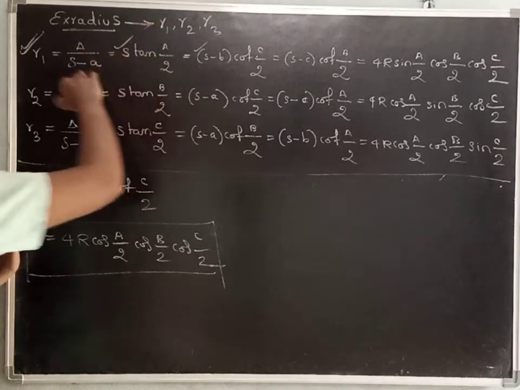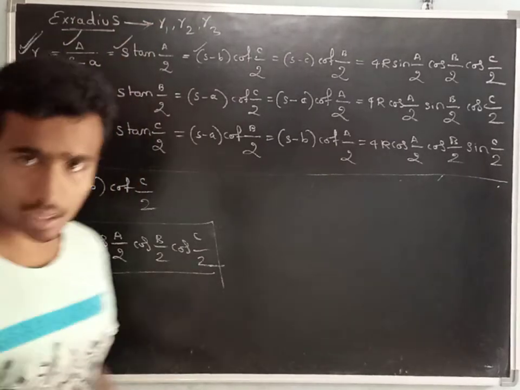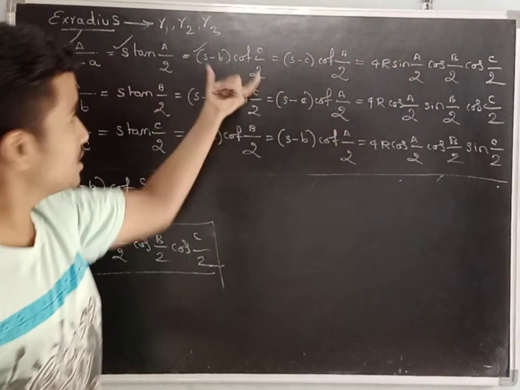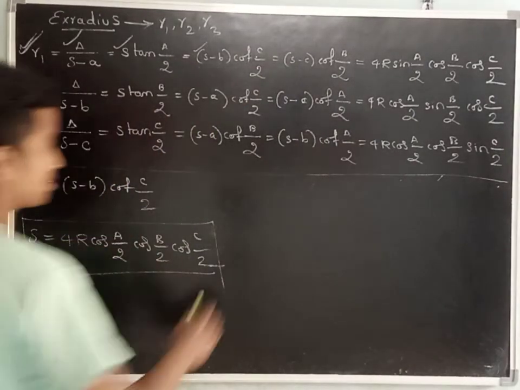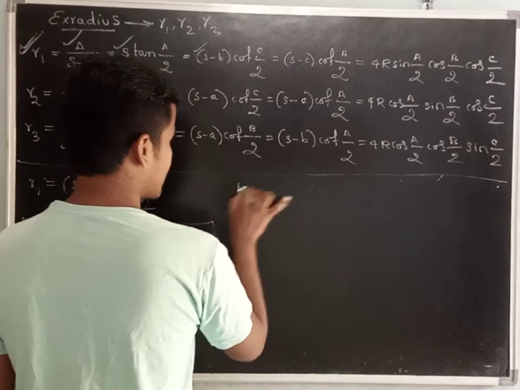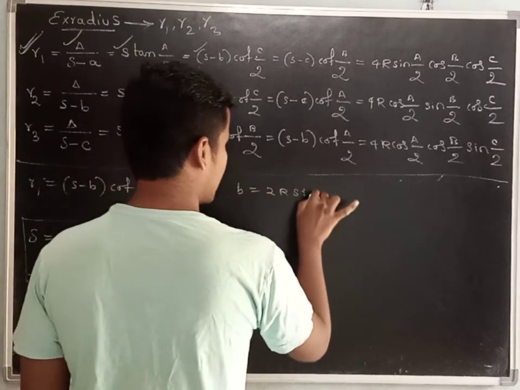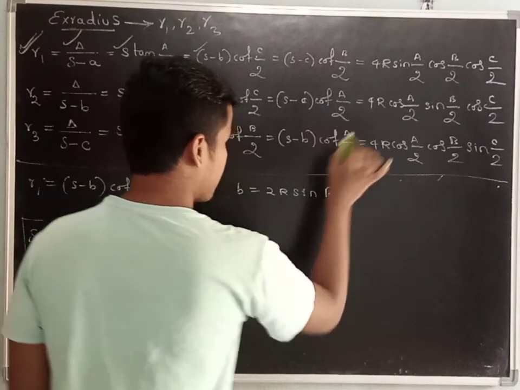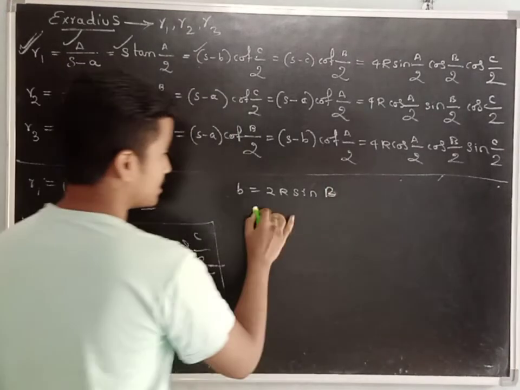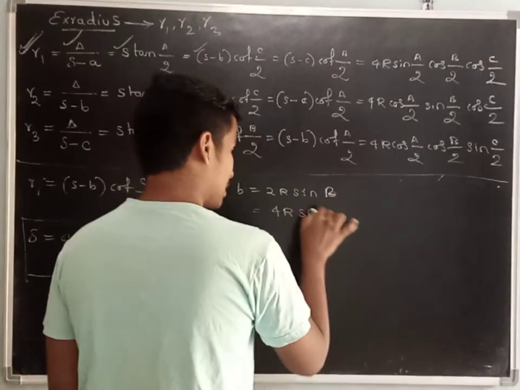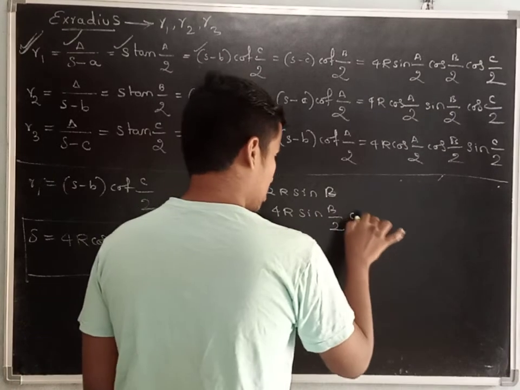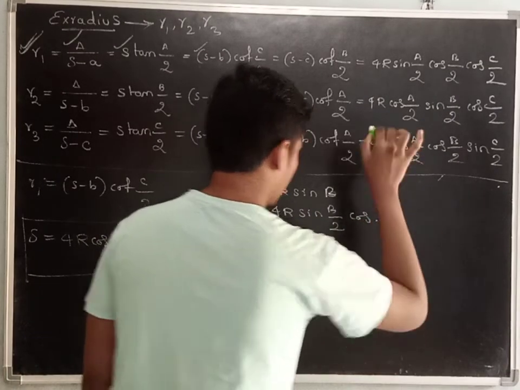I have derived for this formula, and now I am going to derive this form from this formula. Okay, s minus b into cos c by 2. Here b is nothing but 2r into sin b. Sin b can be written as 2 sin b by 2 cos b by 2. It means 4r sin b by 2 cos b by 2.